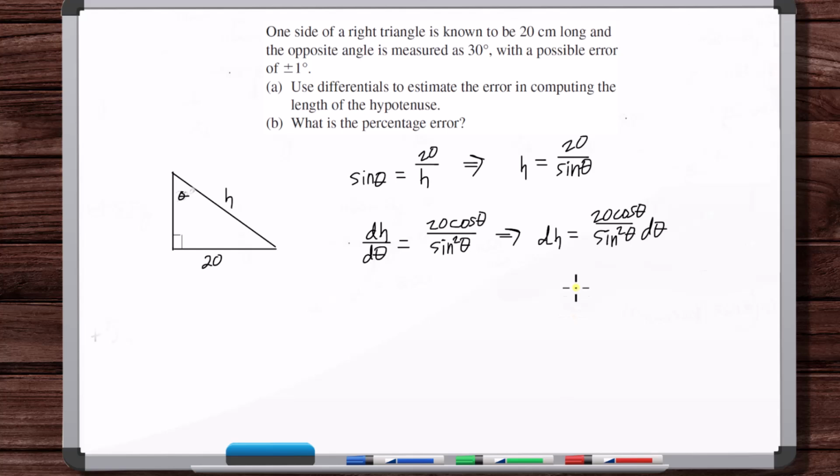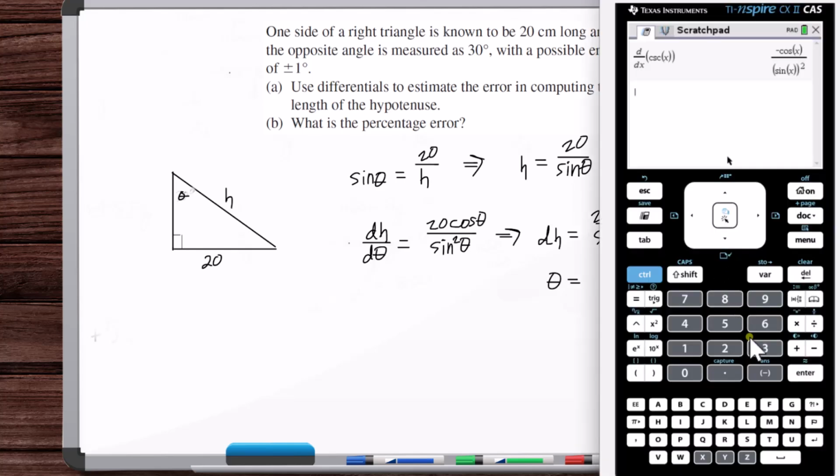Now we want to convert this to radians. So 30 times pi divided by 180 is pi over 6.